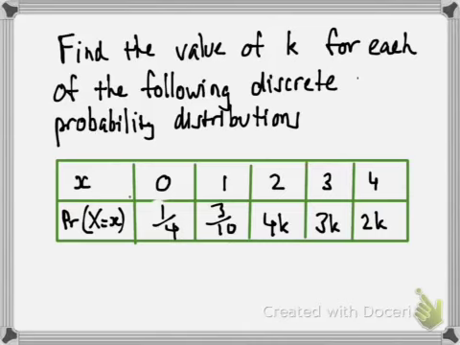Next one, 4 times 1 on 20, 4 on 20, 1 on 5. Next one, 3 times 1 on 20 is just 3 on 20. 2 times 1 on 20 is 2 on 20, which is 1 on 10. So in an exam for this question, you'd be expected, I'm sure, to go that step further, to work out k and then put in the probabilities.